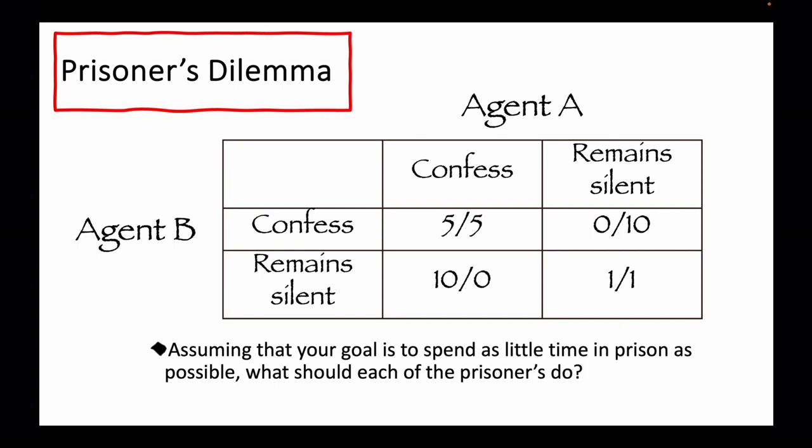Now, what is the point of the prisoner's dilemma? The point is to show that, assuming that your goal is to spend as little time in prison as possible, there's an obvious way to behave. And the obvious way, which is the opposite way of the way in which criminals behave, because there's always one who spills the beans. Always one who rats out the other.